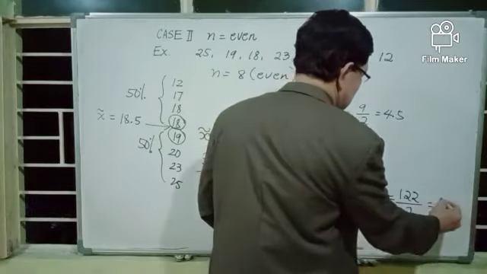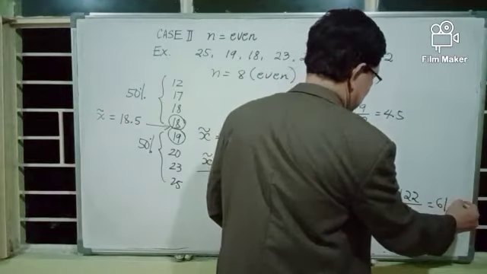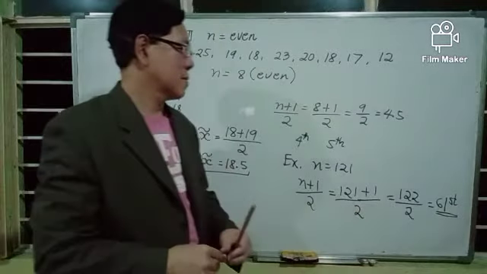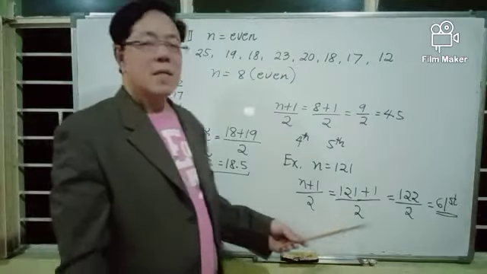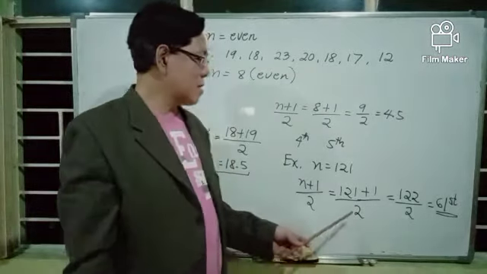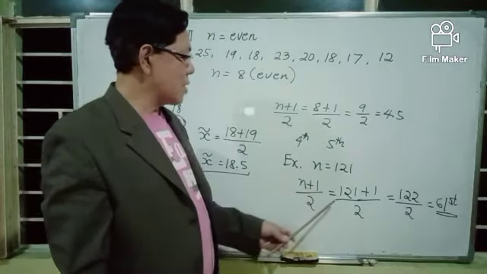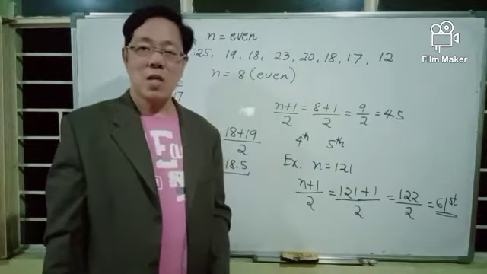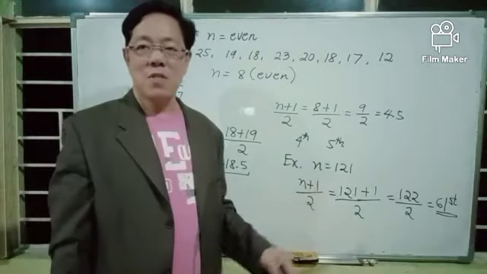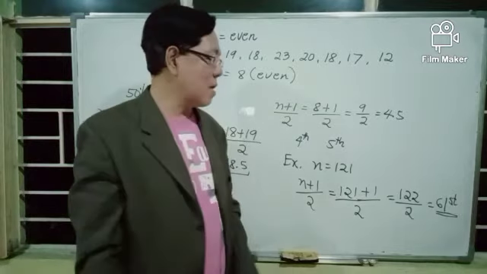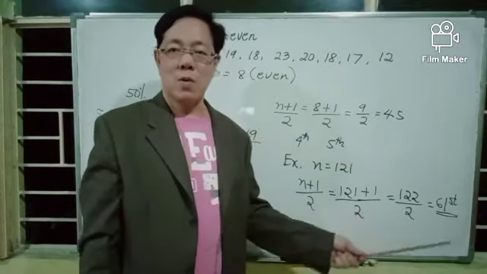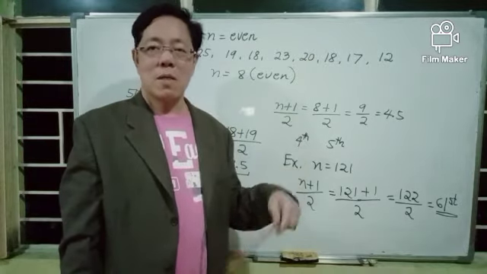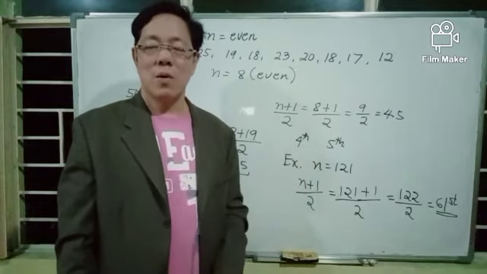Divided by 2 is 61. So n plus 1 divided by 2 is 61. That tells you that the median for this odd number of observations, 121, is the 61st score or value or observation from the lowest arranged in ascending or descending order.